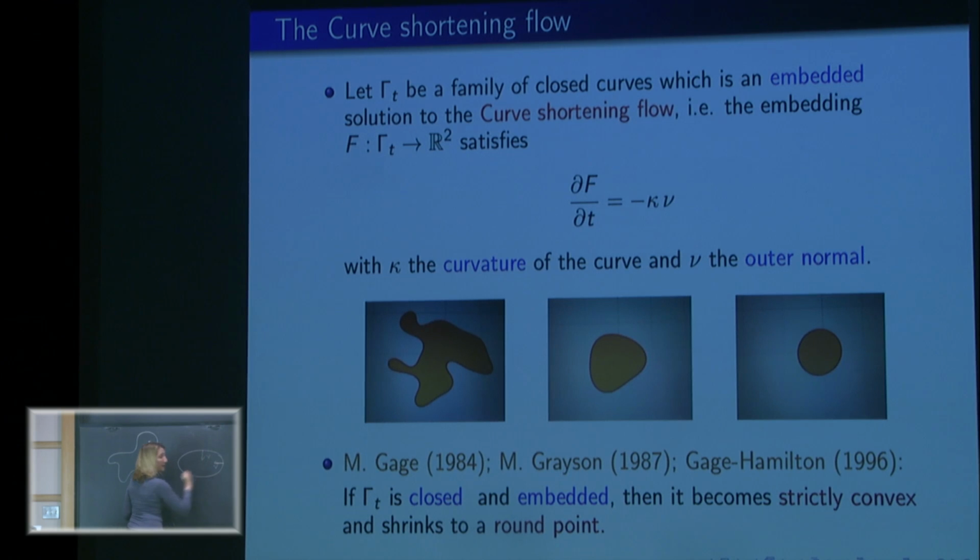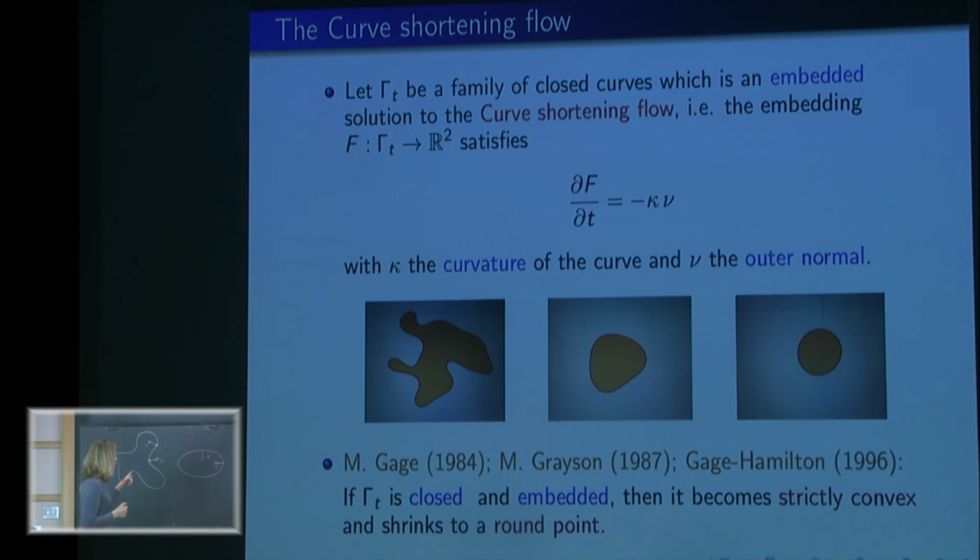And this one will start moving inward and this outward until the shape changes. After the shape changes and becomes convex, for example, then of course it has to start moving inward, right?